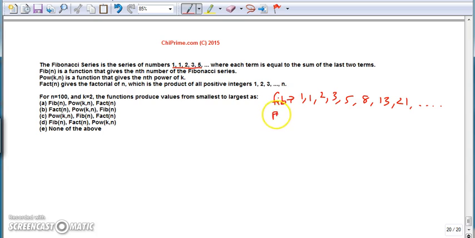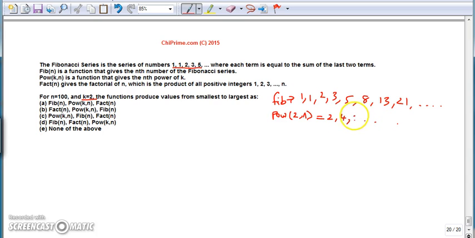The pow function, and here k is given to be 2, because if you look here, it says k equal to 2, and n goes from 1 to n is what we're given here. So here it would be 2 to the 1, that's 2, 2 to the 2, that's 4, and so on.